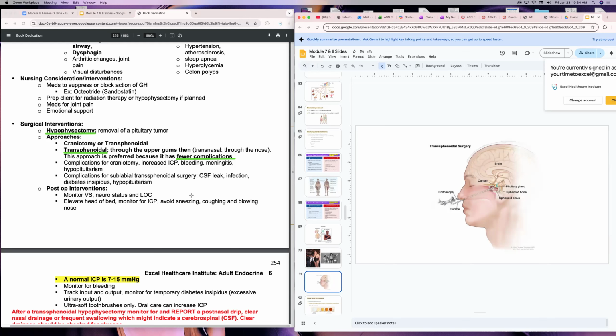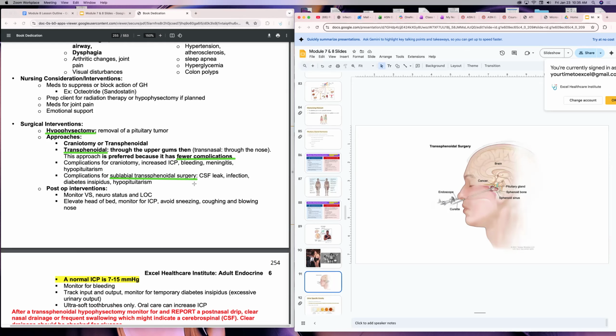So if you have a disorder where there's too much of something, so you do a surgery or you give a medication to reduce it, you can reduce it too much and lead to hypopituitarism. Okay? If they're going to do the transsphenoidal approach, which is called the sublabial transsphenoidal surgery, it can lead to cerebrospinal fluid leak. It can lead to infection, diabetes insipidus, and hypopituitarism.